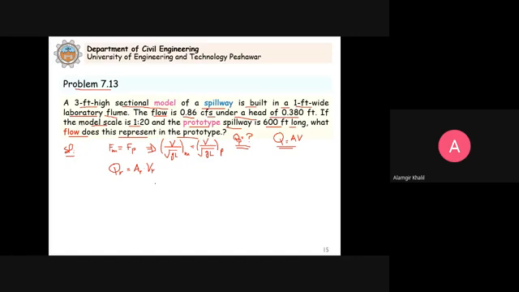Now in this case, for the velocity scale ratio, we already discussed that acceleration due to gravity is the same for the model and the prototype, both on the surface of the earth, so they are subjected to the same acceleration due to gravity. So this will be equal to LR power 1 by 2.